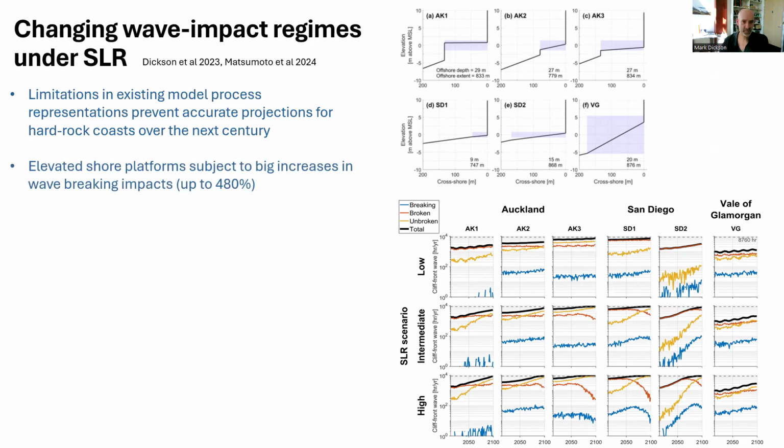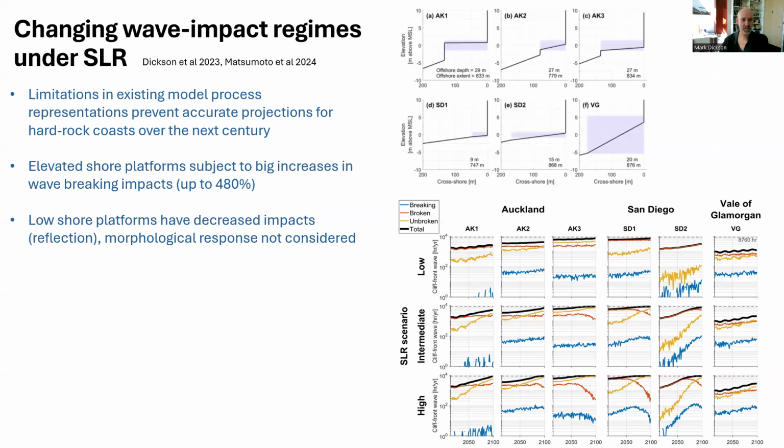We see that elevated shore platforms, like we see in places around Auckland, see big increases in wave breaking impacts with sea level rise, whereas lower shore platforms, a couple of examples here from San Diego and Auckland, actually can see a decrease in the amount of wave breaking impacts over time as sea level rise starts to flood the cliff and wave energies are reflected. So coastal erosion rates could potentially decelerate with sea level rise on some of these coasts.